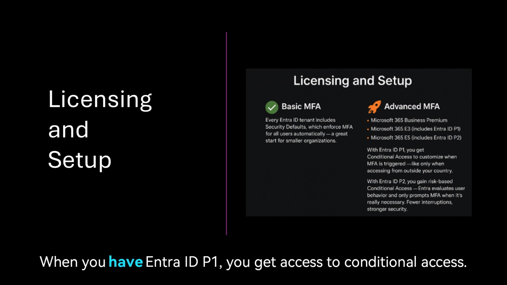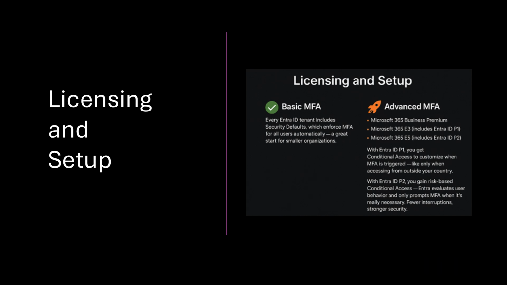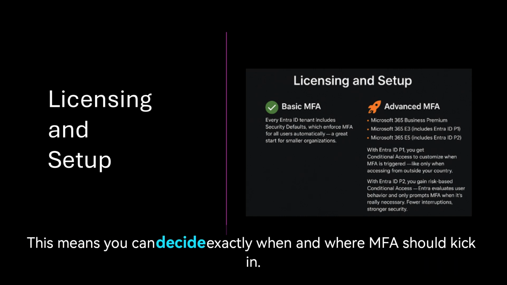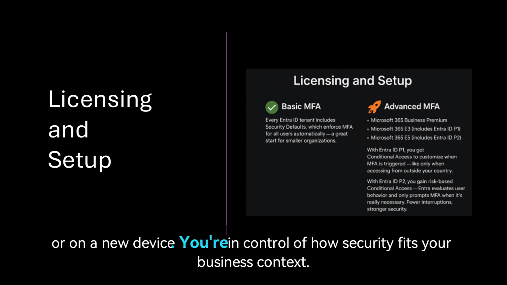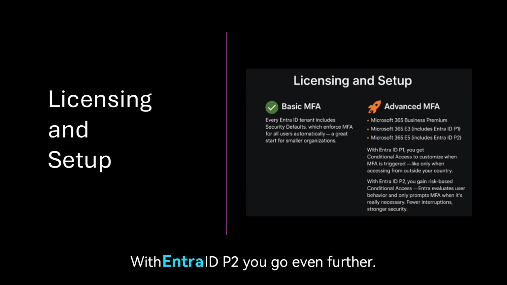When you have Entra ID P1, you get access to Conditional Access. This means you can decide exactly when and where MFA should kick in, like prompting users only if they sign in from outside your country or on a new device. You're in control of how security fits your business context. With Entra ID P2, you go even further.